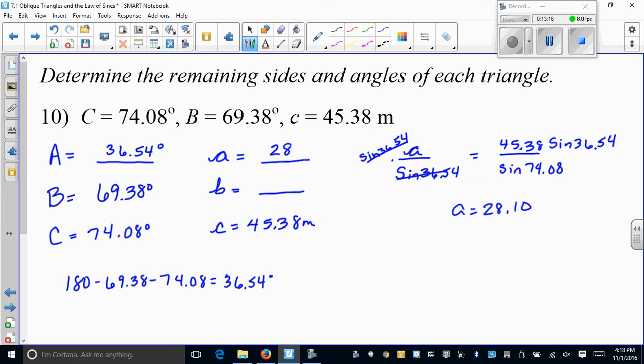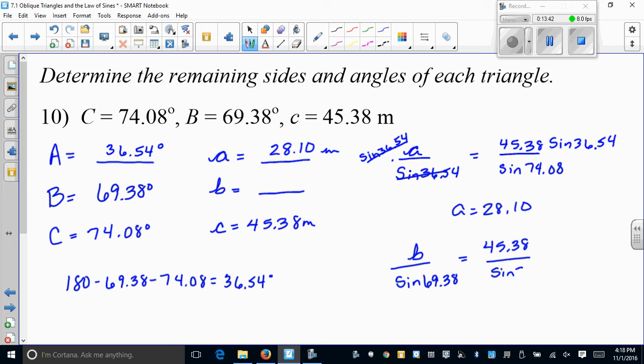And then we do the same thing for B. And keep in mind, this part is the only part that's going to be changing. Little b over sine of 69.38 equals 45.38 over sine of 74.08.